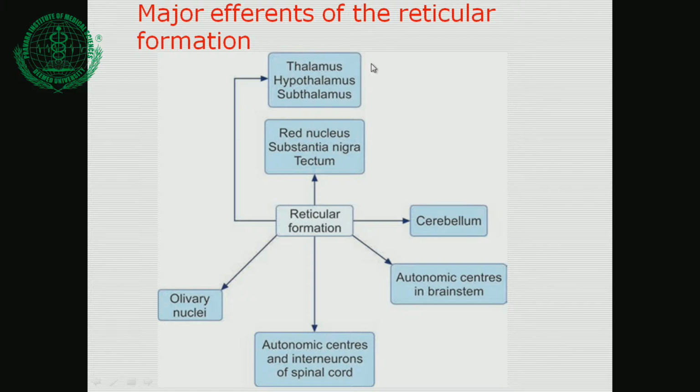These are thalamus, hypothalamus, subthalamus, and these are about the midbrain. Cerebellum, autonomic center in the brainstem, autonomic center and interneurons of the spinal cord, and the olivary nuclei. So these are the major efferents of the reticular formation.